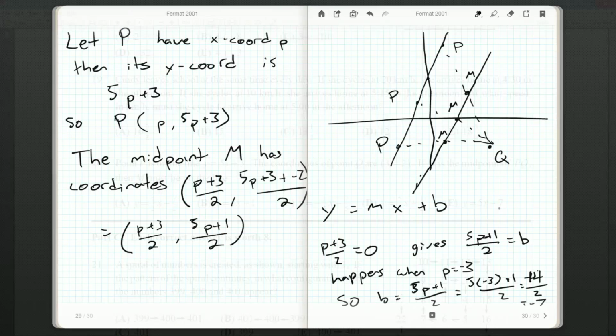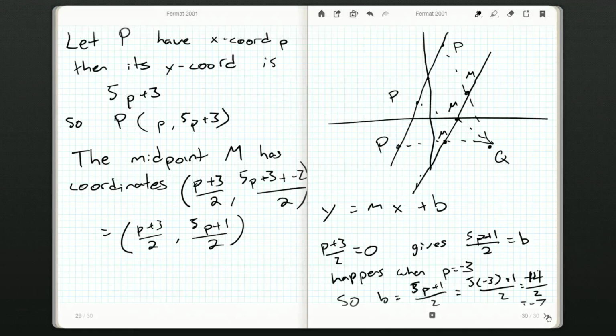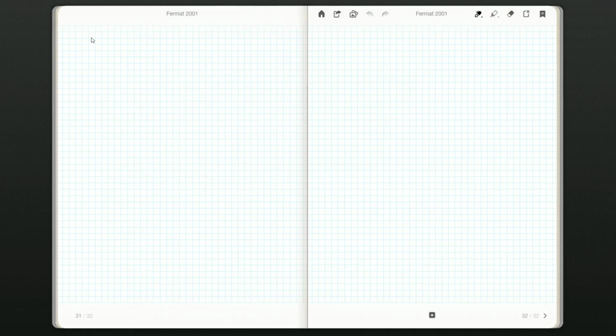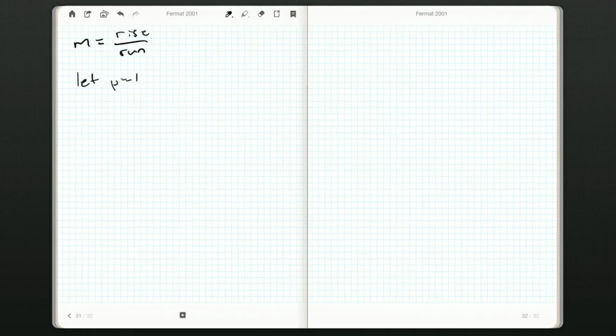I want to figure out what m is as well, because maybe we didn't try to get the b coordinate first. Maybe we tried to get our slope m. So if I want the slope m, well, slope is rise over run. What I could do is figure out two different midpoints and do rise over run with them. So if p is 1, we're going to get 4 over 2 and (5 plus 1) over 2.